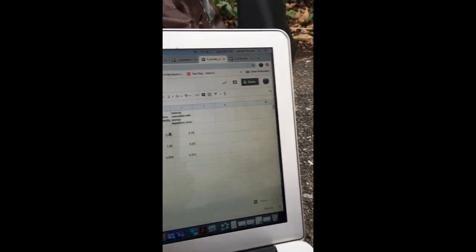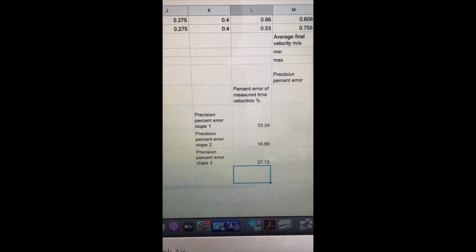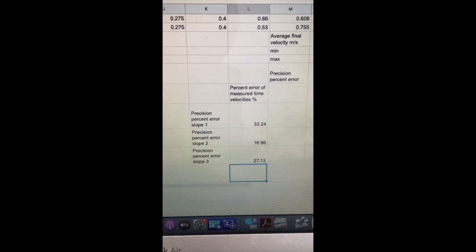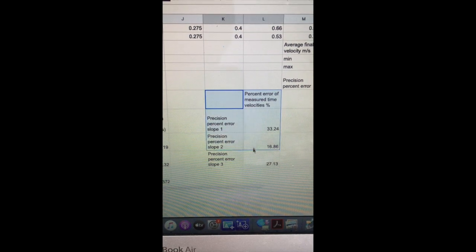Although apparently I use capital letters sometimes in lowercase. Oh, well, whatever. Now, the next thing I'm going to want to do is make a graph of my precision percent errors. All right, so there we go. Precision percent errors accomplished. And I want a graph of this, probably. So I'm going to go to my chart editor here.